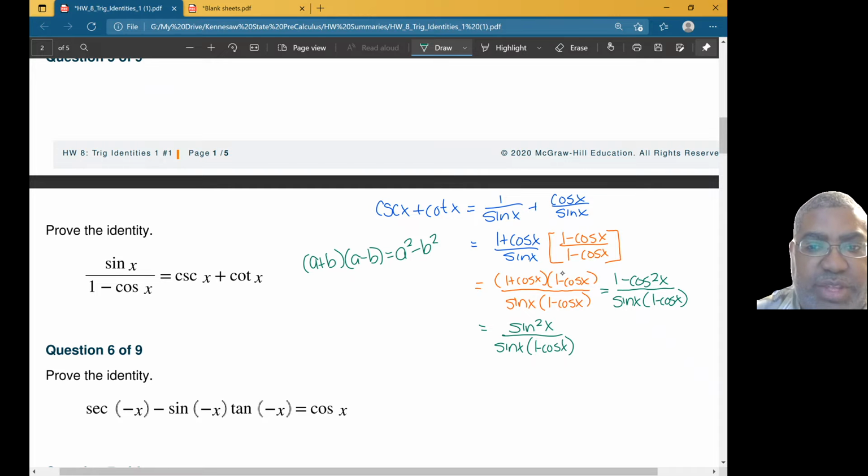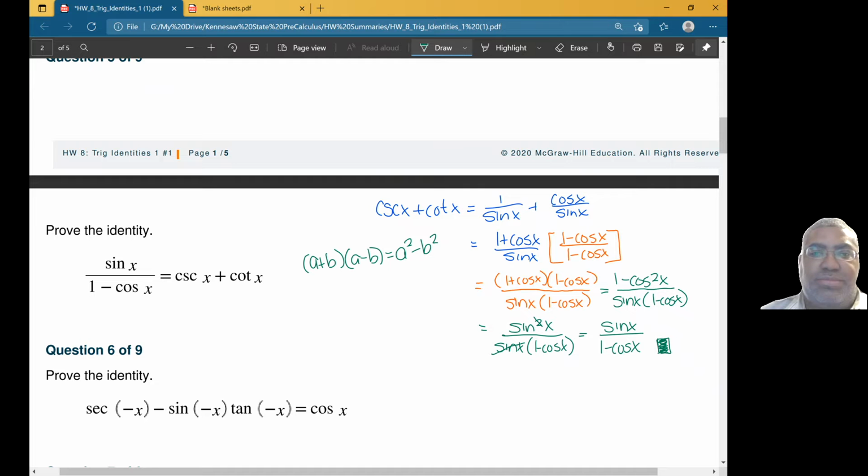I have a sine squared on the top, which is sine x times sine x, and a sine x on the bottom, so I can cancel, and I'm left with sine of x over 1 minus cosine of x, which is what I wanted. You can't tell me that wasn't fun.